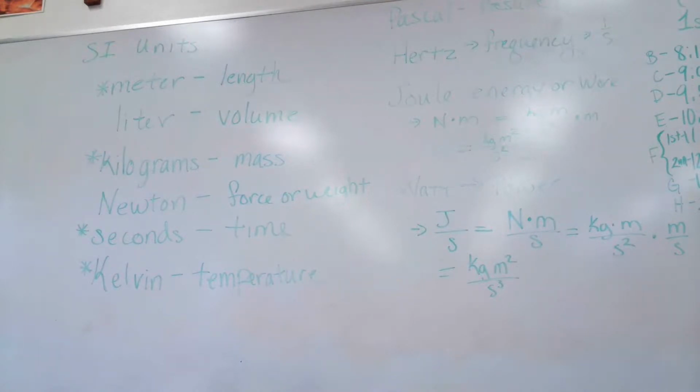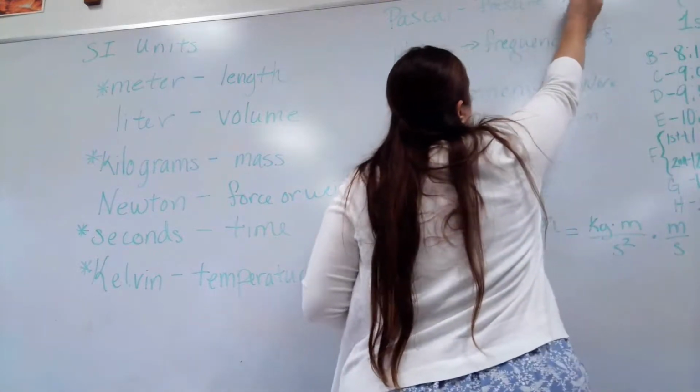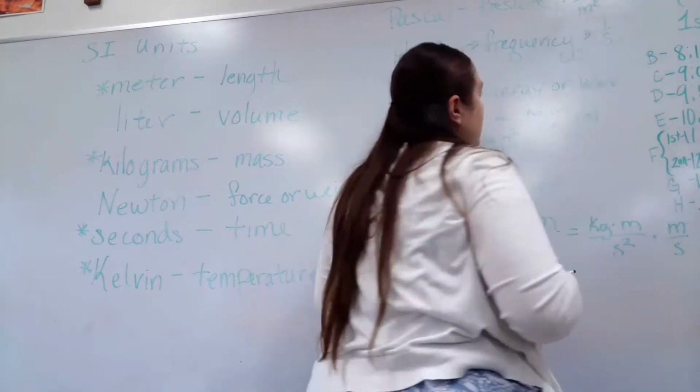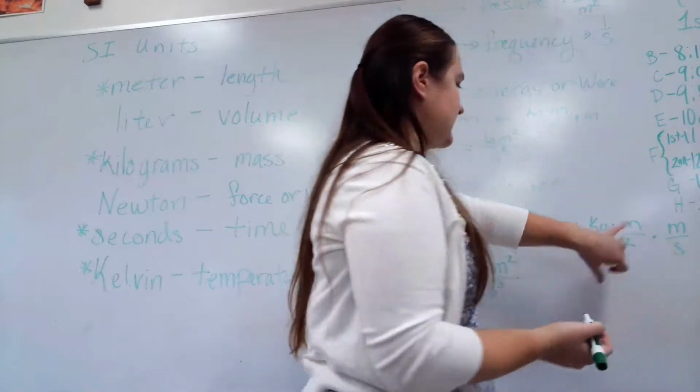So if we have force per unit area, what do you think would be on top? What's our unit for force? Newtons. Okay, so pressure is going to be newtons per meter squared. This will end up canceling out a meter.